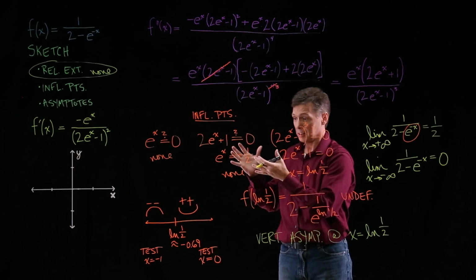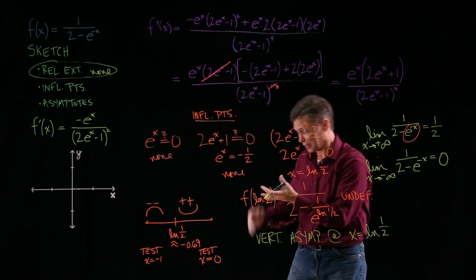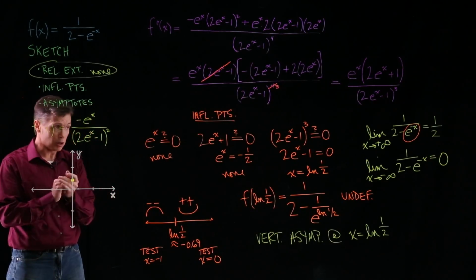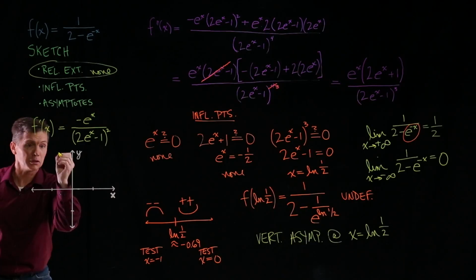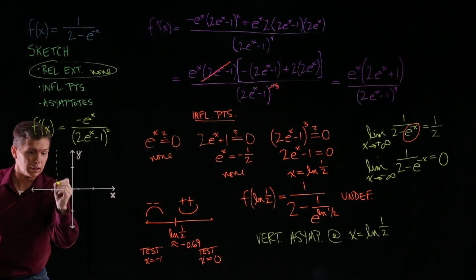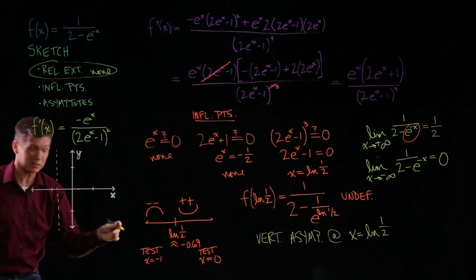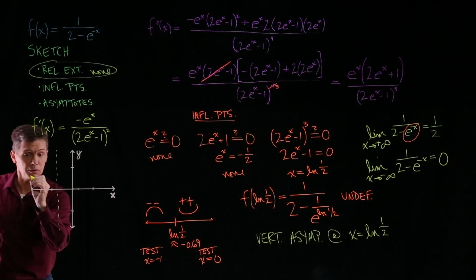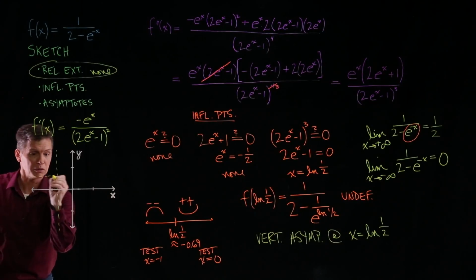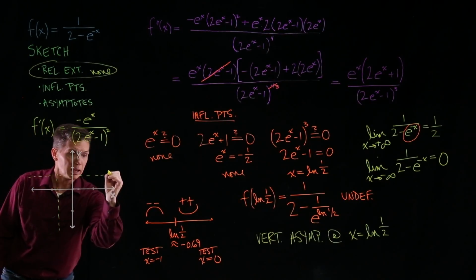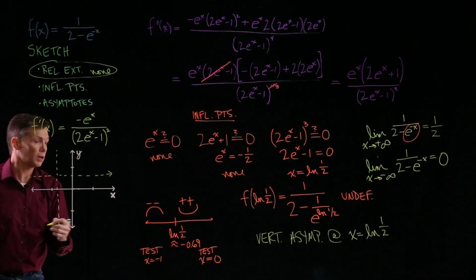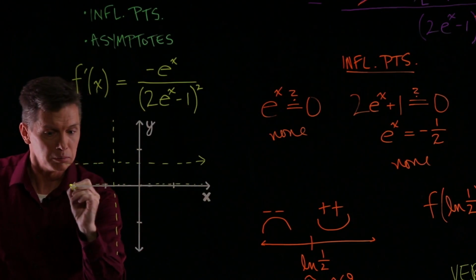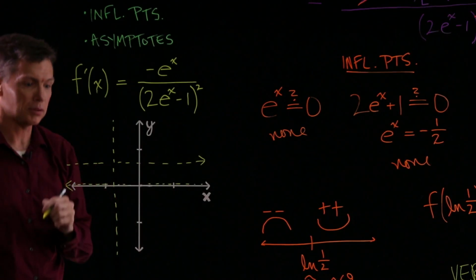Let's put it together and finally wrap this problem up, okay? So, my graph, I'm going to go ahead and draw my asymptotes. We had that vertical asymptote at x equals negative 0.69-ish. We have two different horizontal asymptotes. y equals a positive 1/2 when I'm headed that way, and y equals 0 as a horizontal asymptote, but only when I'm headed to the left.